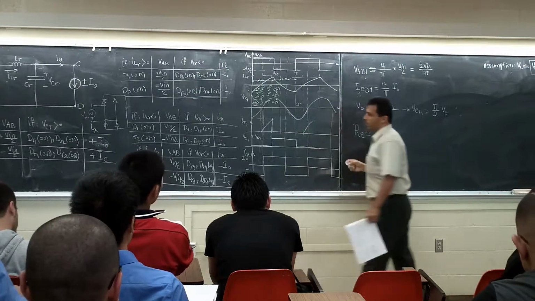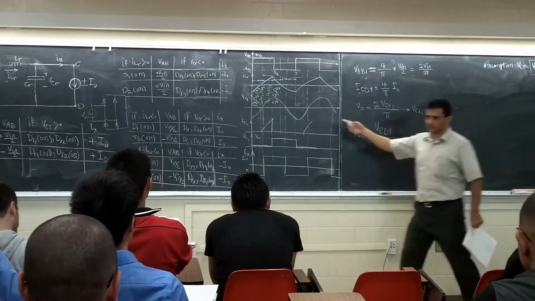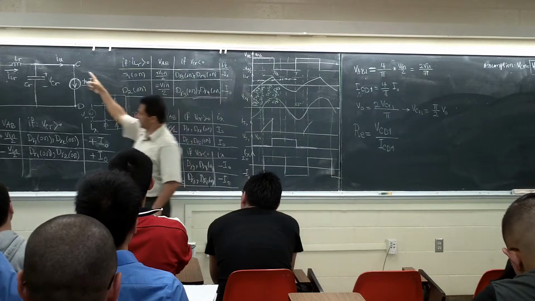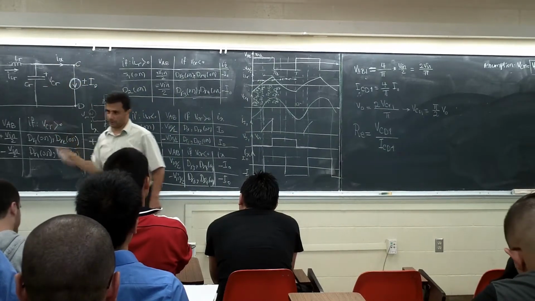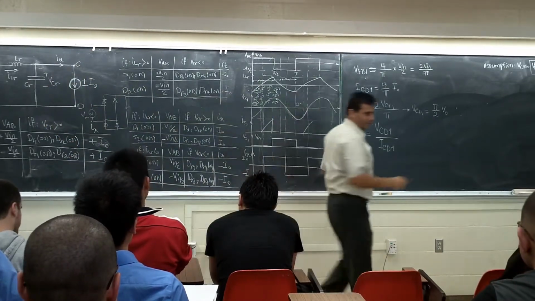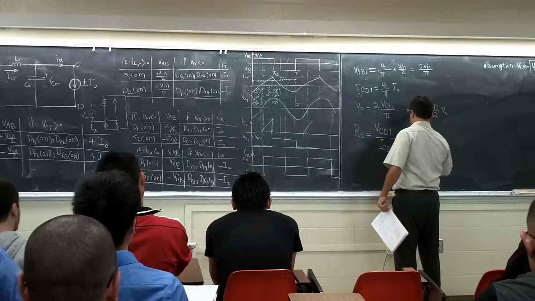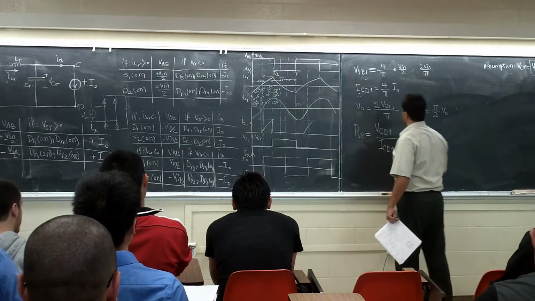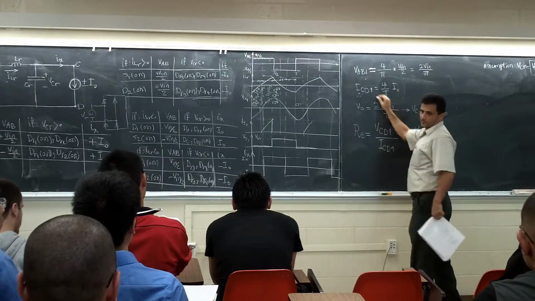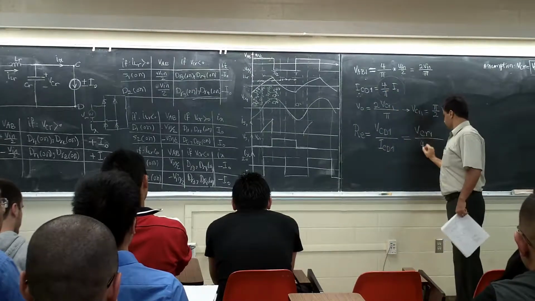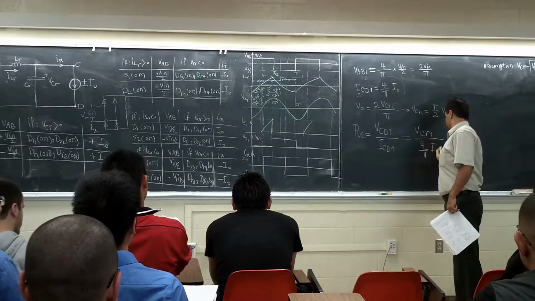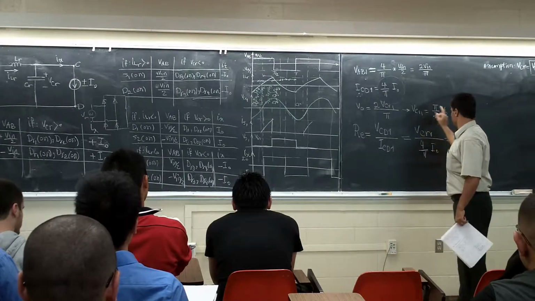How much is VCD1? It's VCR1, right? This is CD, basically the VCR1. So the fundamental of VCD1 is VCR1, divided by ICD1. How much was it? I have this one, right? And let's replace this one also with this.